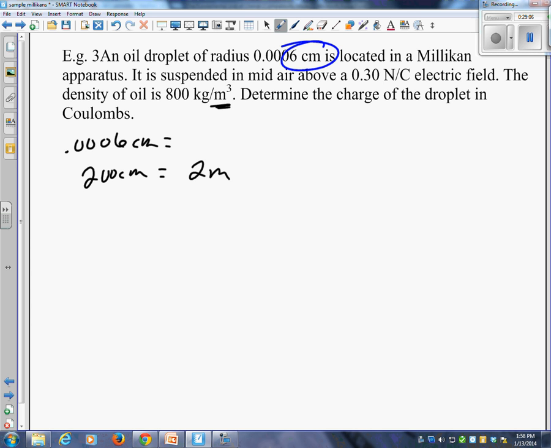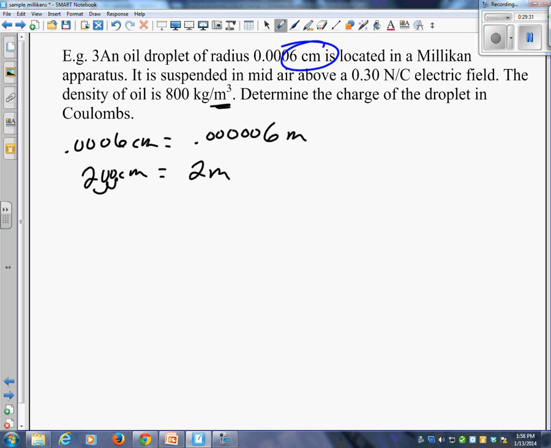So you have to divide by 100, or in other words, move the decimal point 2 places to the left. So I'm going to have 0.000006. Is there an actual thing that you multiply by or divide by? 100. Right.